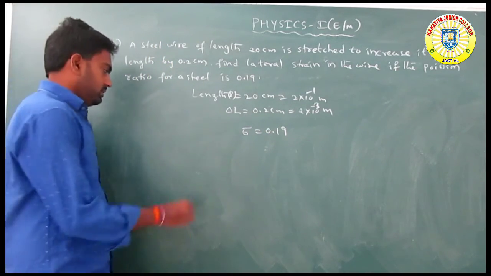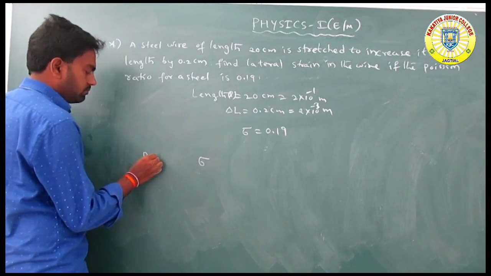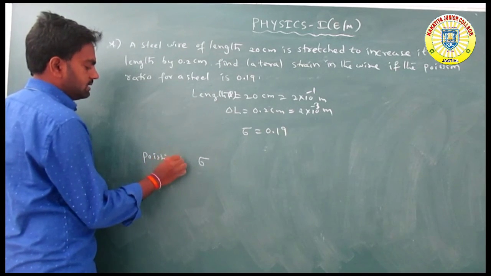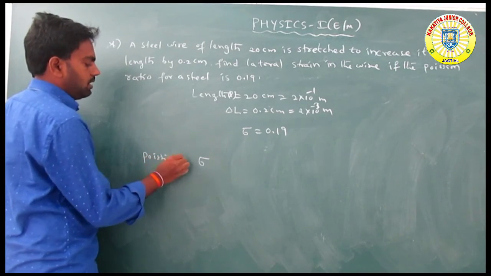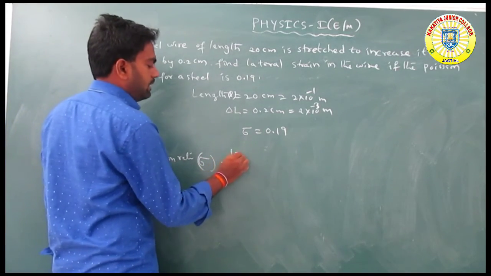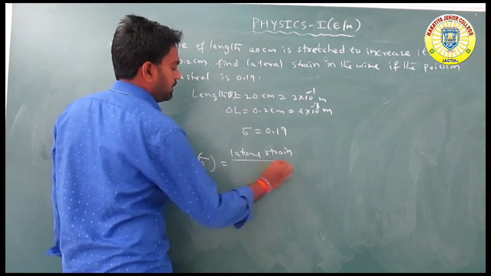Okay, so what is the sigma? Sigma means the Poisson ratio. Okay, so sigma is equal to lateral strain by longitudinal strain.